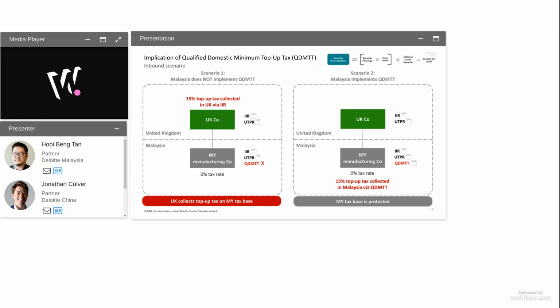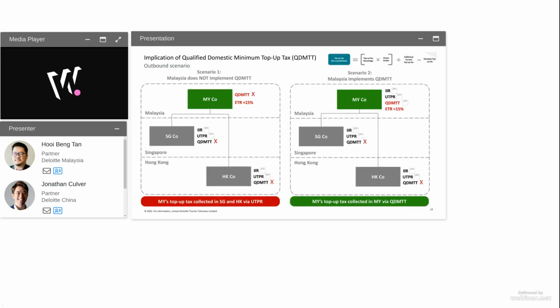So if we go on to the next slide, we have the outbound scenario, right? So it's effectively illustrating a similar concept, but now it's outbound. So we have a Malaysian headquartered company, right? We assume that there are significant profits in that Malaysian headquarters company that have a low ETR.